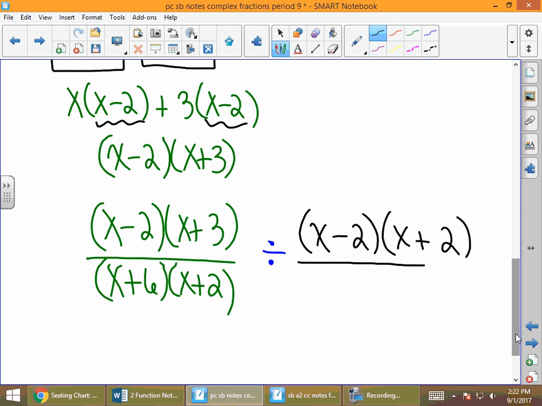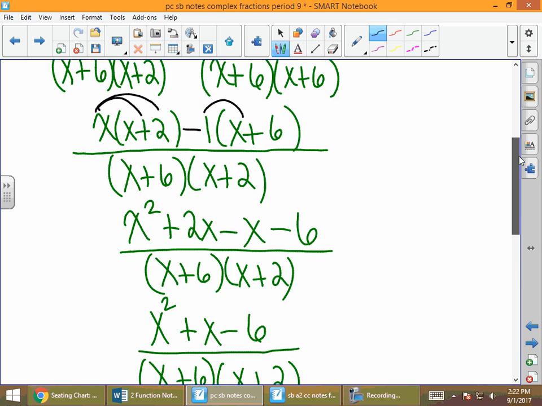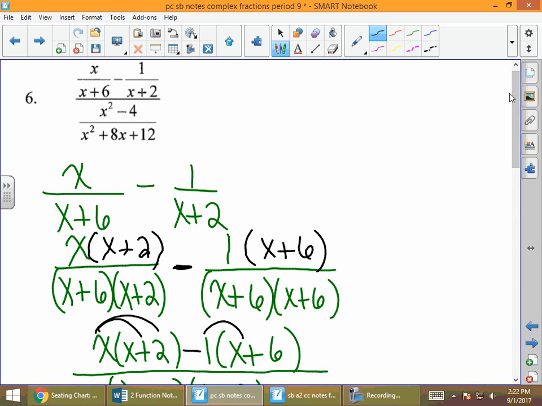But we have to do a little bit more work on x squared plus 8x plus 12. So what we're looking for is factors of 12 that combine to be 8. Do we have any? Yes. Plus 2x and plus 6x. Stay with me, we got time.